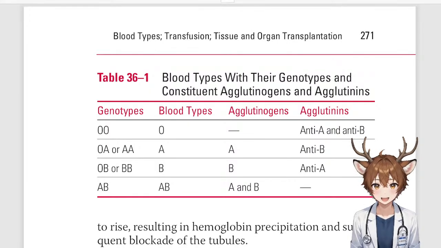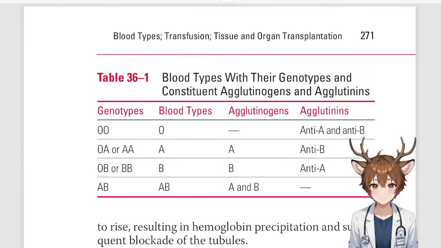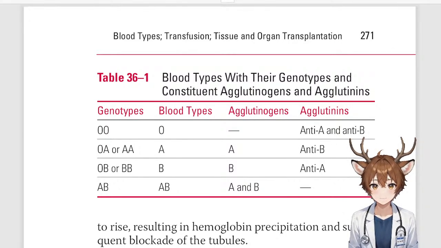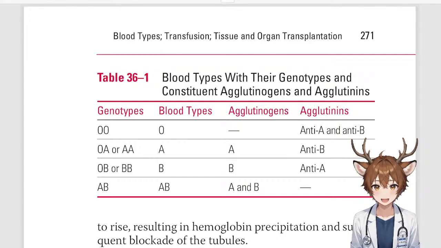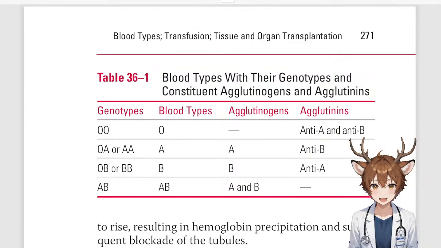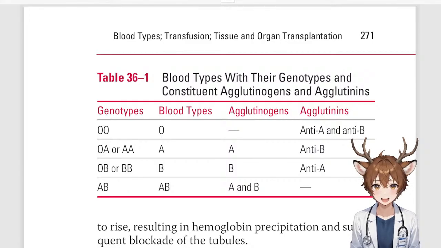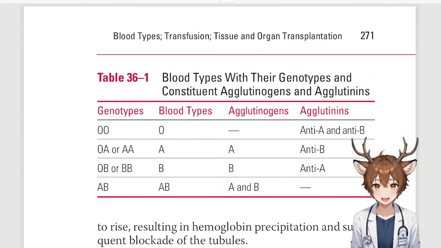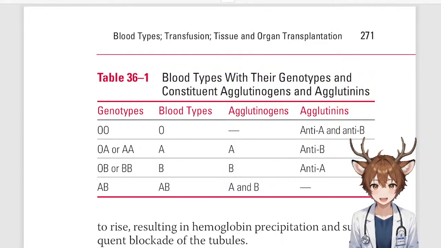If you're OA or AA genotype, then because A is dominant, you will still be type A blood. If you're AA, then it's obvious you're homozygous, but if you're OA, well, the A dominates, and so you will have A antigens, agglutinogens, present, and as a consequence, because you don't have any native B antigens, you will have anti-B agglutinins.